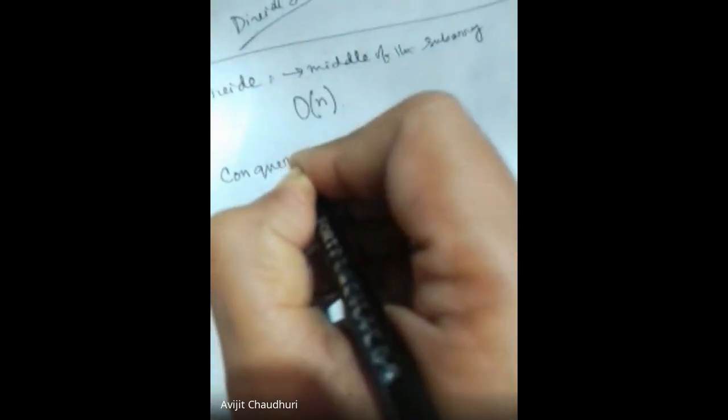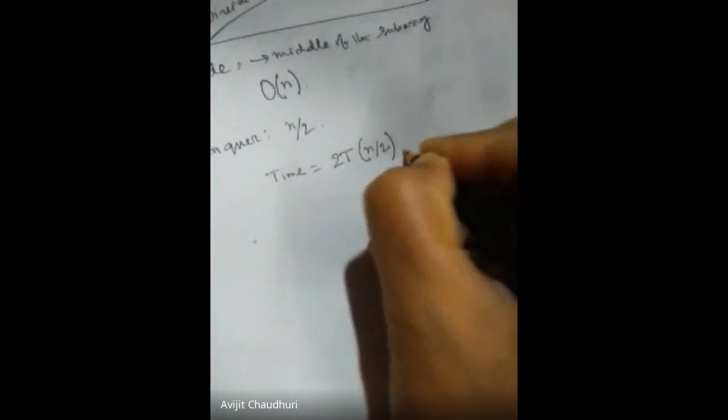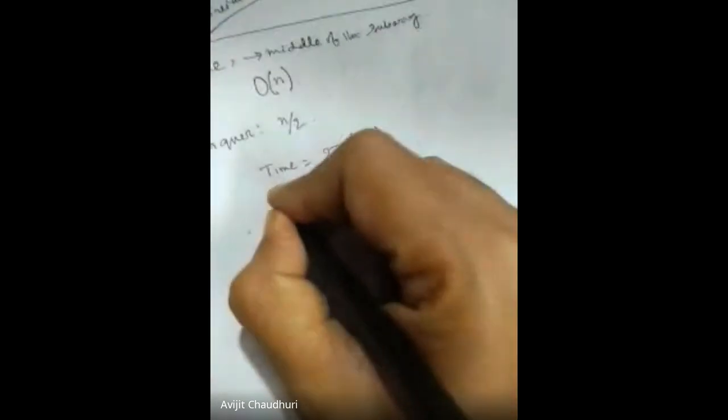After that, conquer. Conquer means we recursively solve two sub-problems, each of size n by 2. N by 2 subarray, n by 2 subarray. So the running time requirement will be 2T of n by 2.